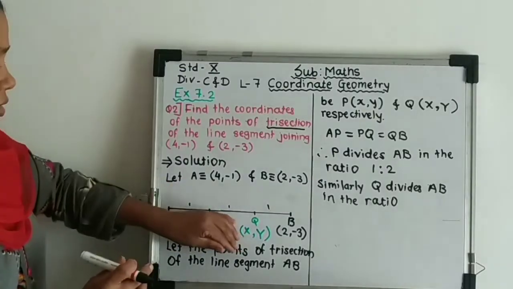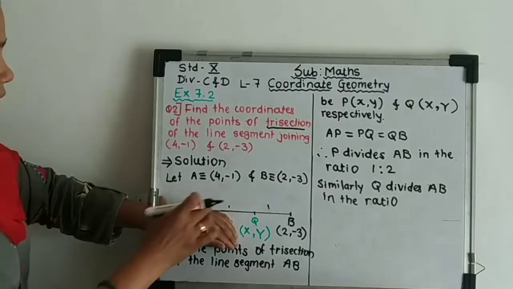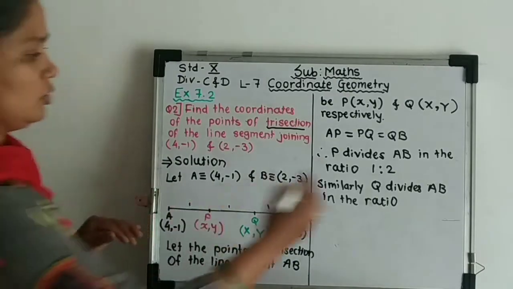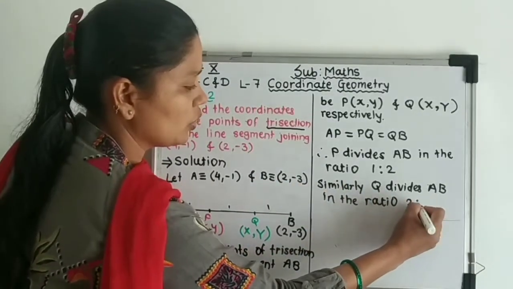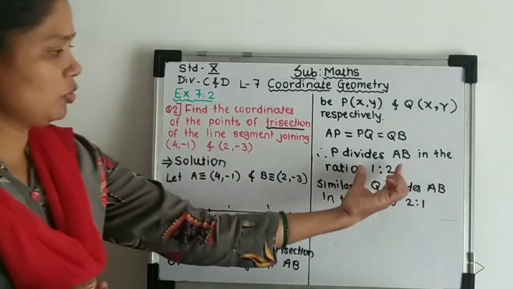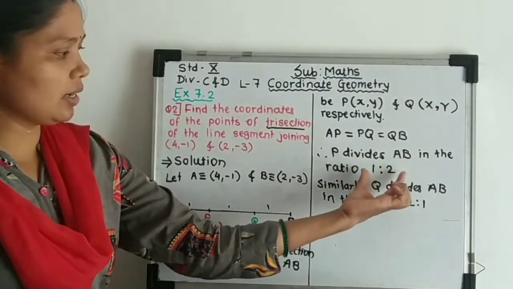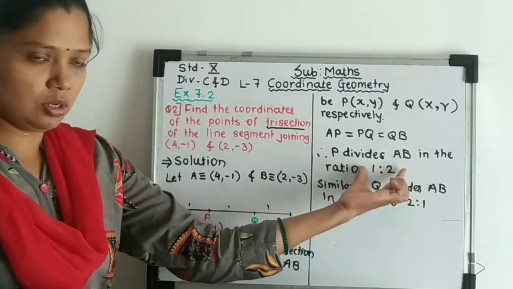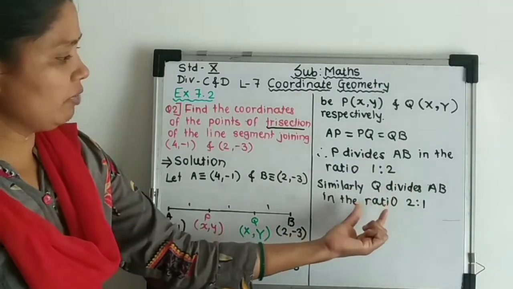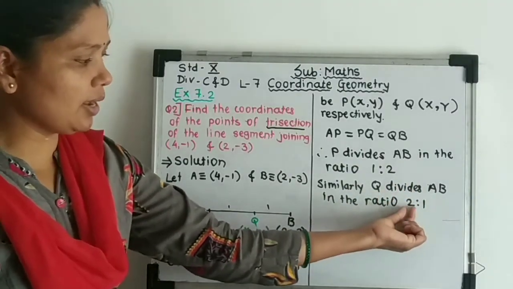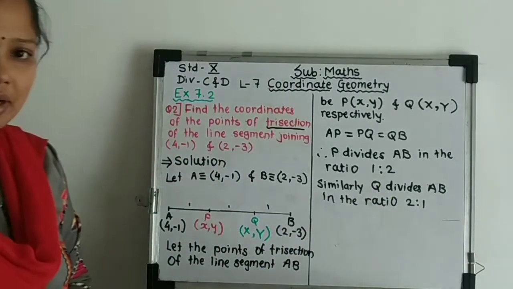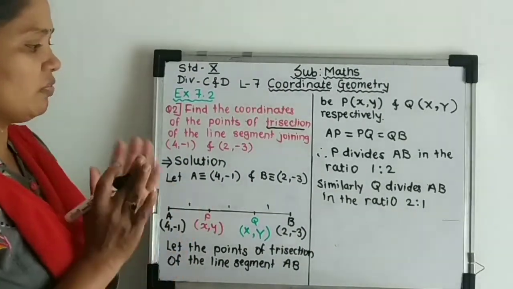So Q divides in the ratio 2:1. So our m1, m2 when P divides AB is 1:2, m1 is 1 and m2 is 2. And when Q divides AB, m1 is 2 and m2 is 1. Is that clear? Let us proceed further now.